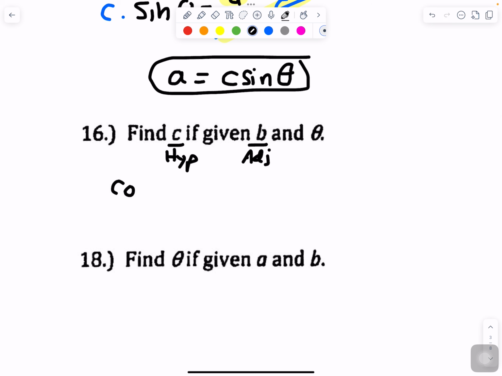So I'm going to write the cosine of the angle equals the adjacent side, which is B, over the hypotenuse, which is C. Now you're looking for C, and we just said if you're trying to find the denominator, then simply switch it out. So this becomes C equals B over the cosine of the angle.